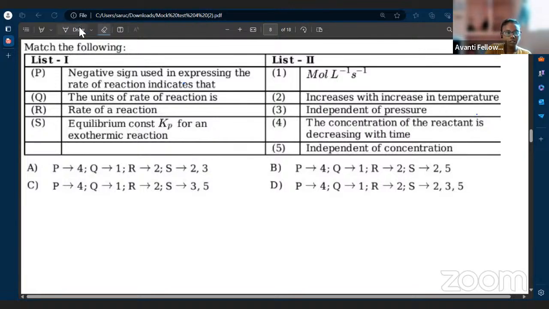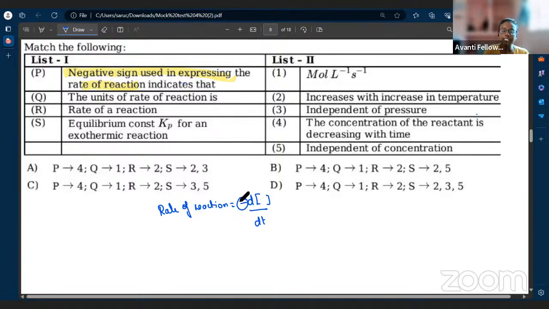Negative sign used in expressing the rate of a reaction indicates that. While we are writing the rate of reaction, rate of reaction is equal to minus d concentration by dt. We'll be writing like this, right?